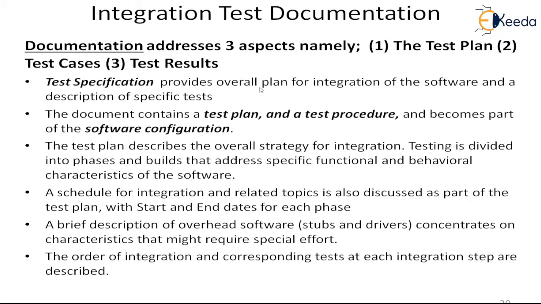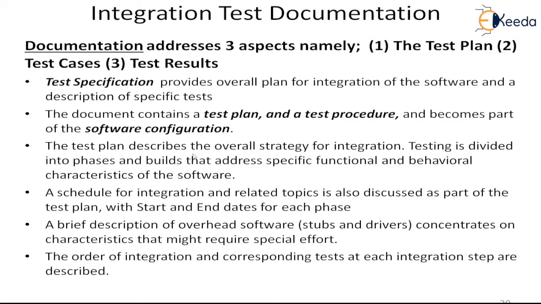It provides the overall plan for the integration of the software and the description of each task that it will do. The document contains a test plan and a test procedure, that is, what the tasks are, and becomes part of the software configuration. That means it is a configurable item which might undergo some change depending on the test results, so we make it a part of the software configuration.